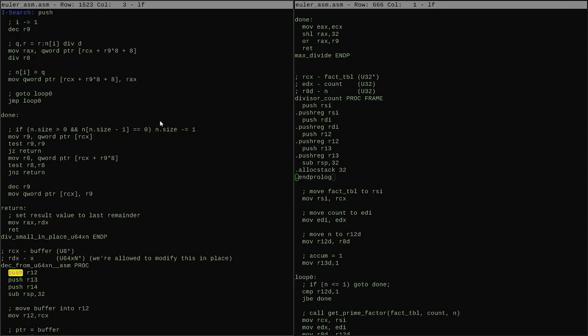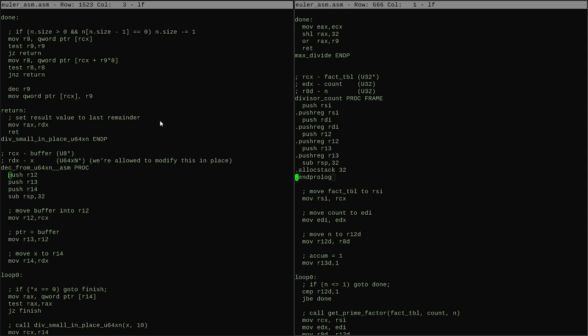Okay, push. All right, here's one that actually needs a frame.